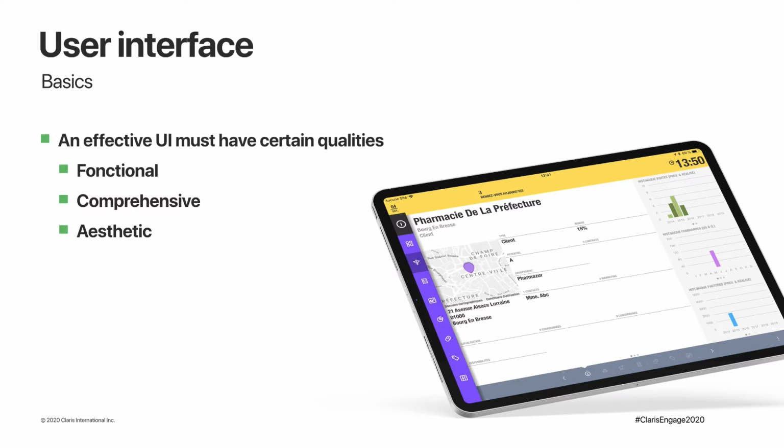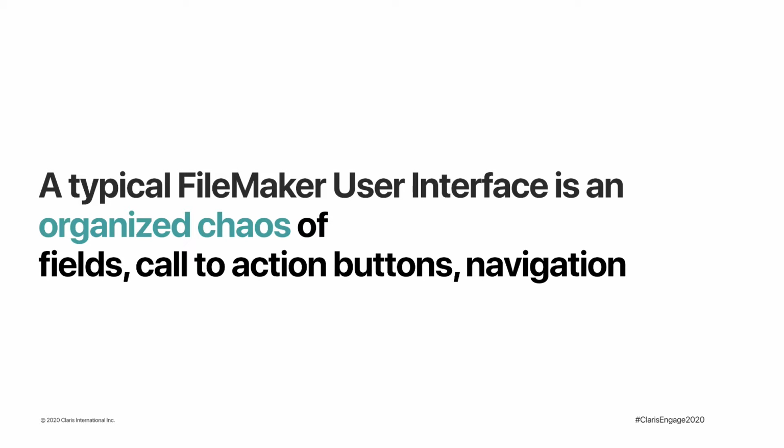UI, or user interface, is a visual tool to use your application. It must be simple, with easy access, and graphically appealing if possible. With FileMaker, we can create very complex solutions, and most of the time, our layouts can display hundreds of elements at once.